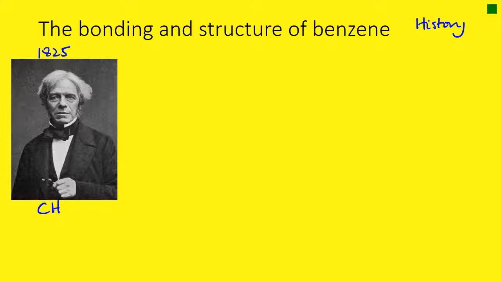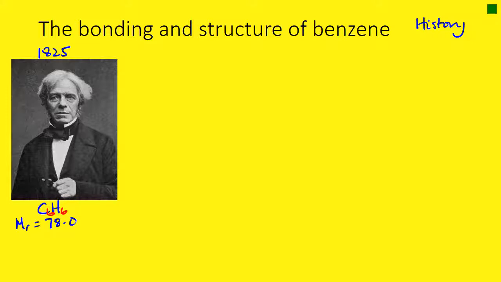And then with access to early mass spectrometers, he also worked out the relative molecular mass was 78. So the Mr was 78. And from that, he turned the formula from CH into C6H6.